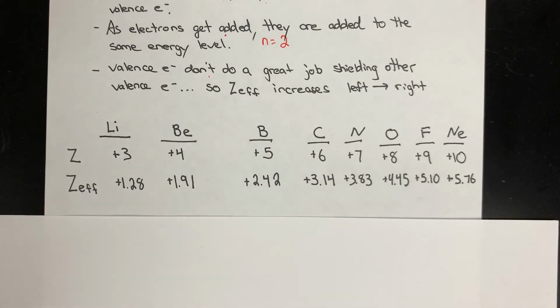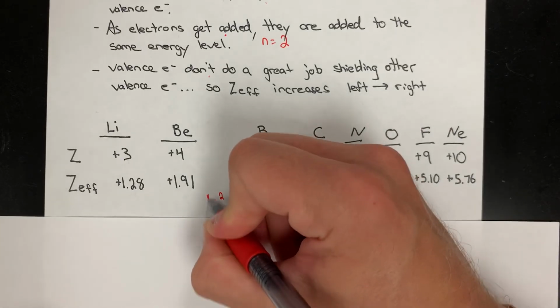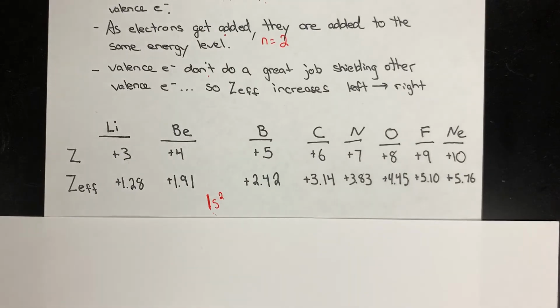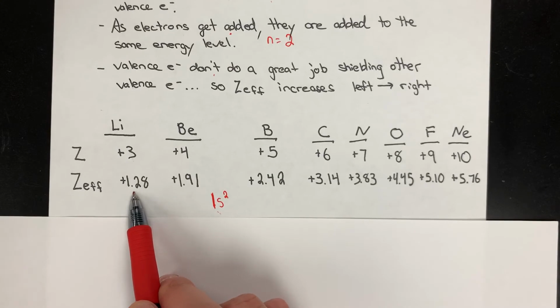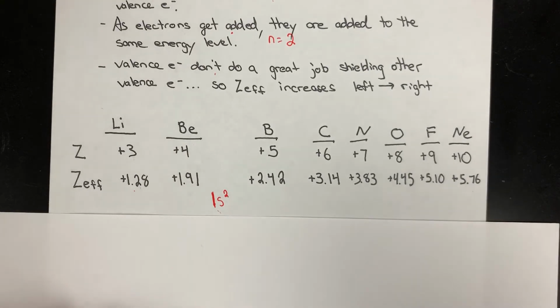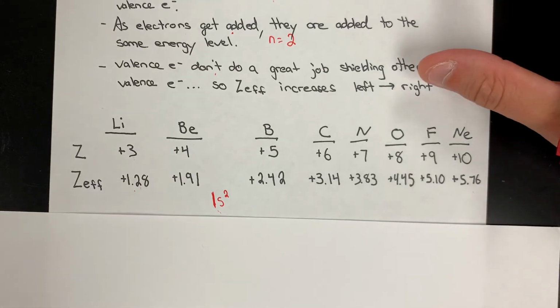But there's some shielding, because those 2 core electrons in the 1s level have the ability to repel the valence electrons. Clearly as we go from 1.28 on the left side all the way up to 5.76, that's the effective nuclear charge, the magnitude of that positive pull of the nucleus. So again, Zeff does increase as we go left to right.